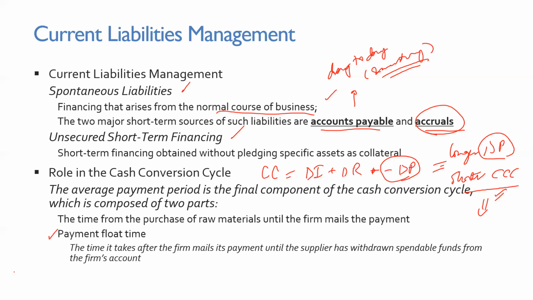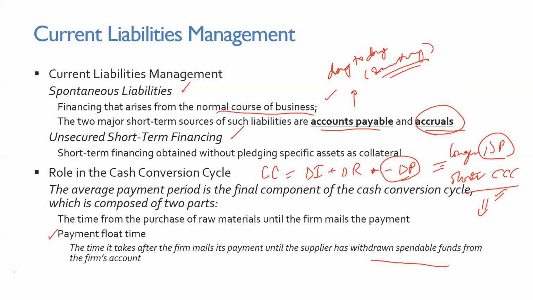Obviously, there's also the concept of payment flow time. It is the time it takes after the firm mails its payment until the supplier has withdrawn spendable funds from the firm's account. Similar to how we discussed float in cash management, what we want to do is collect earlier and process payments faster, because it cuts down on the collection float. For payment float, you want to make it at least take longer for your suppliers to process your payments.